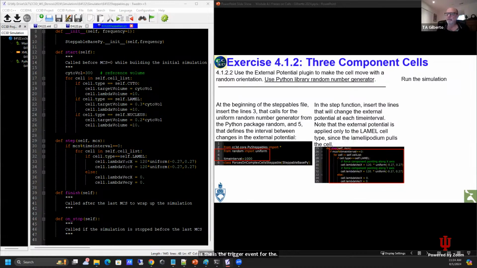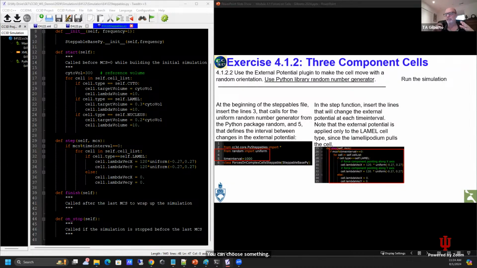I will change the lambda vec x and vec y to this value here: 120 times a random number from the uniform distribution between minus 0.27 and 0.27. This is an absolutely arbitrary number. You can choose something, what you want.